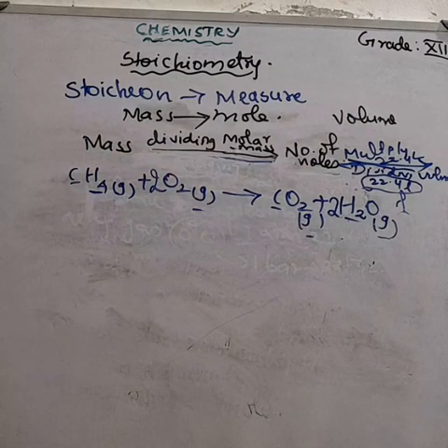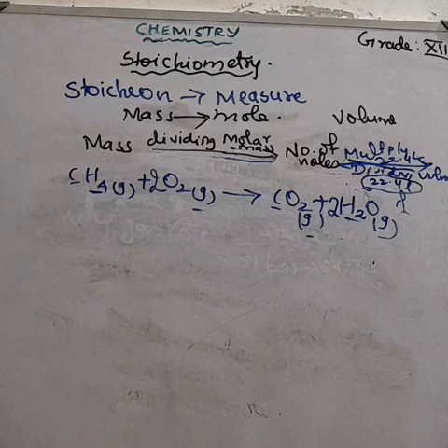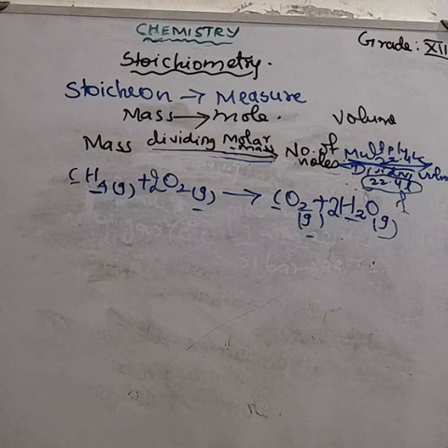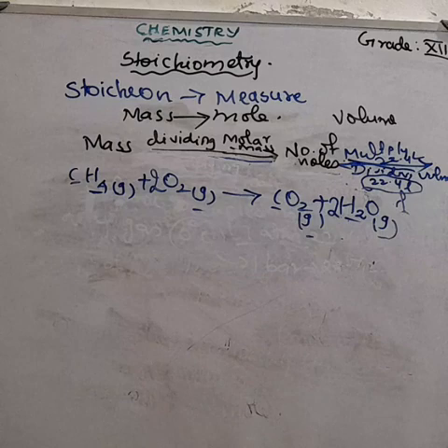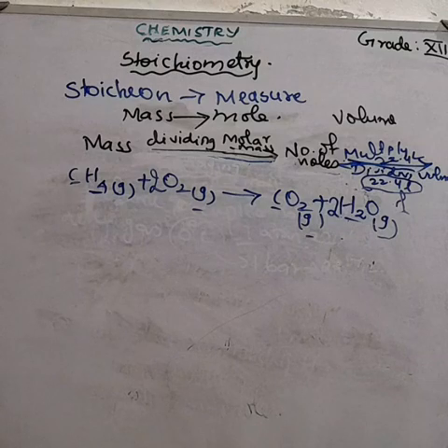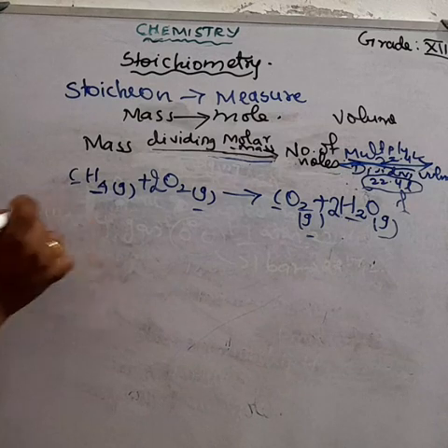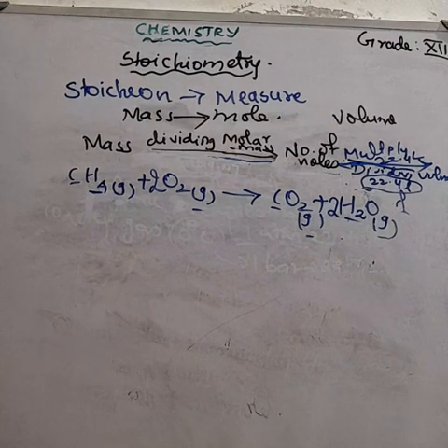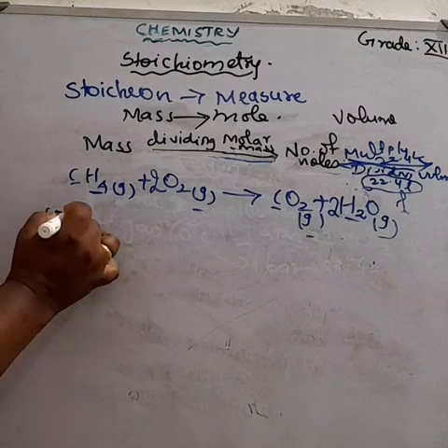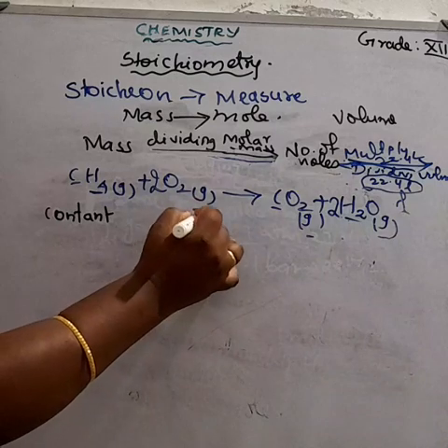This is the stoichiometric equation. Stoichiometric means the balanced equation. Understood? What are the mole relationship, mass relationship, and volume relationship? How do we identify them? First we identify the reactants and the products. What are the contents we are going to study here?